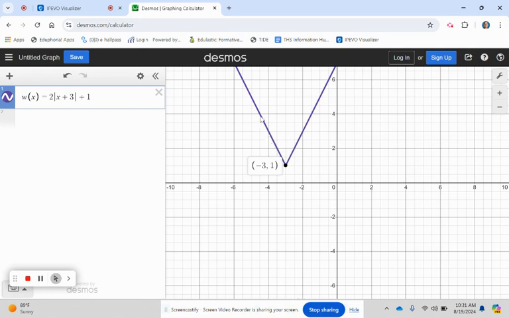-3, 1 works, and negative 4, 3, and negative 2, 3.